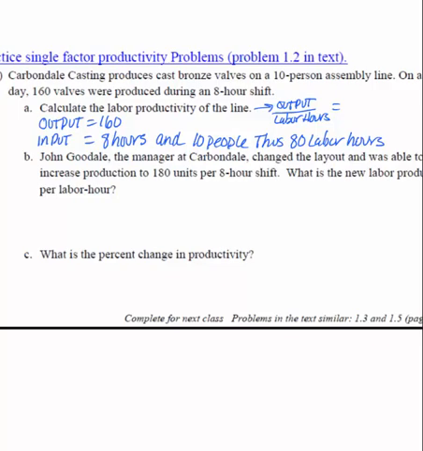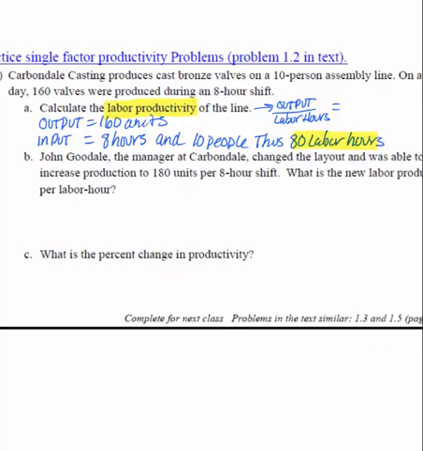That's important, because that means we need to have labor hours in the denominator. So we want output divided by labor hours, which is what you see I have written over here. Our output is 160 valves or units, and our input is going to be 8 hours of labor and 10 people. So we essentially have a total of 80 labor hours right here.